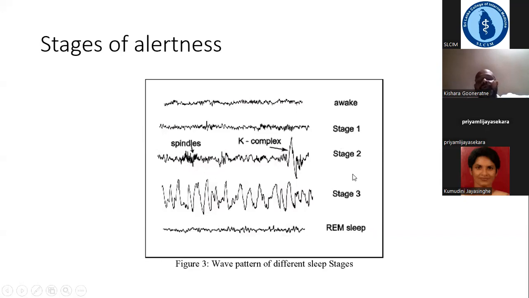Then in stage 3, the background becomes much slower and in the theta range, which is high amplitude. This is also called slow wave sleep, or the N3 stage of sleep, where there is a transition from alpha to theta activity.